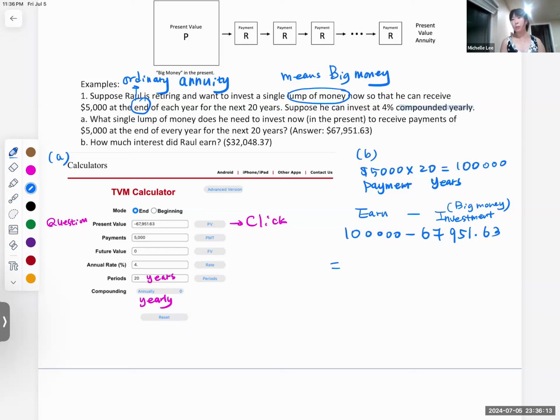If we calculate this one, we get 32,048.37. So we get the answer like this.